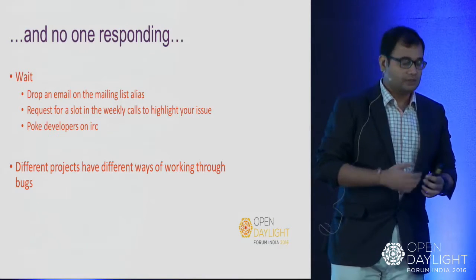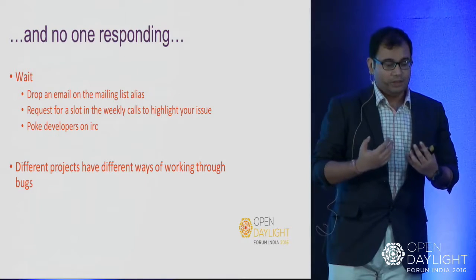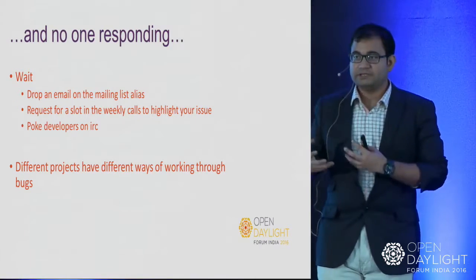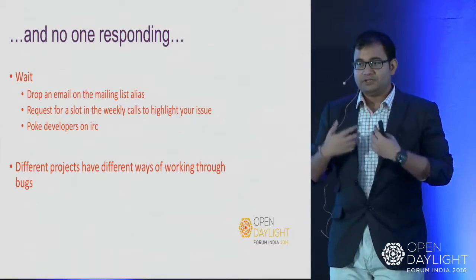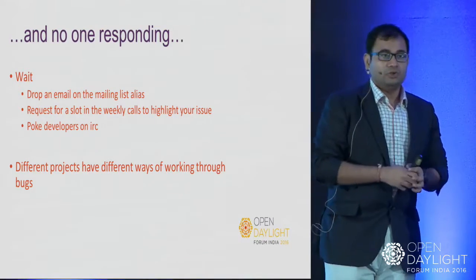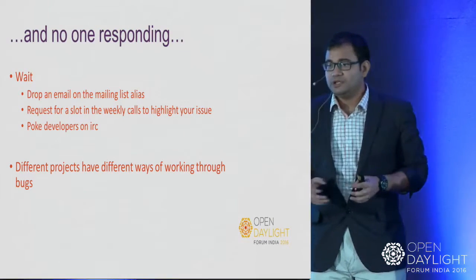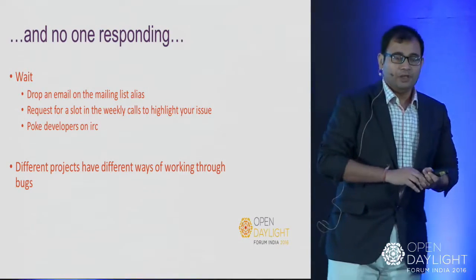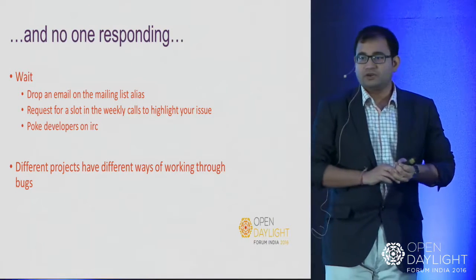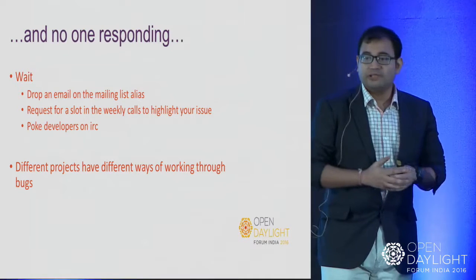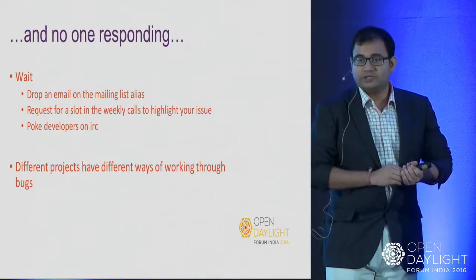In Bugzilla, for instance, on the ODL side, you have emails which you can attach to the bug so that people get notified when the bug gets edited or modified. So we could attach the committers there, attach yourself, so that the committers get to know that there has been a bug raised. After you have waited for some amount of time and you see that there hasn't been any progress whatsoever on the bug, drop a mail on the mailing list saying this is my issue, this is the configuration that I tested with, and boss, it's been there for like 7 days, 10 days, and I would expect it to get fixed.